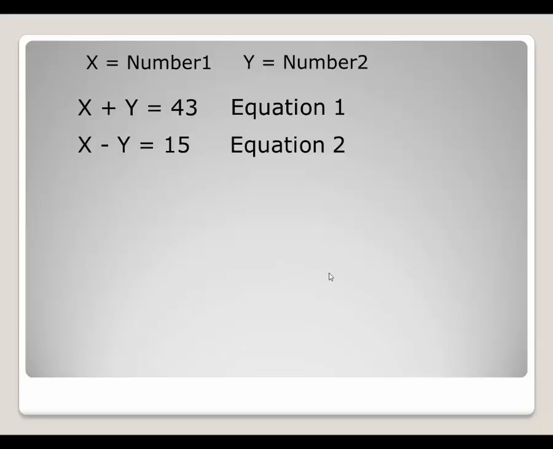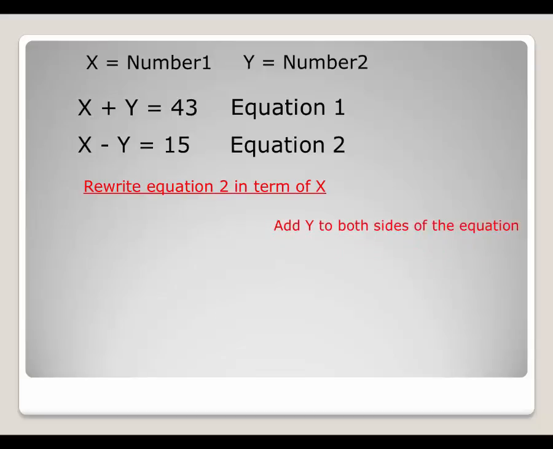Okay, to solve for one of the unknowns, we need to rewrite one of the equations in terms of x or in terms of y. In this case, we're going to choose to rewrite equation 2 in terms of x. What we will do is add y to both sides of the equation.